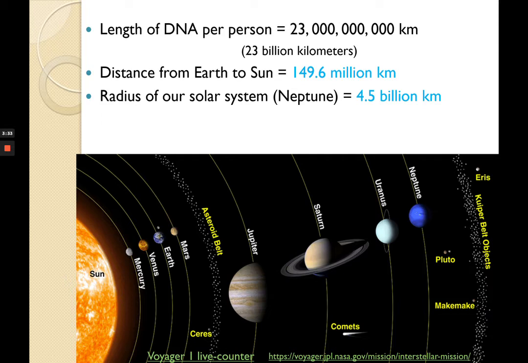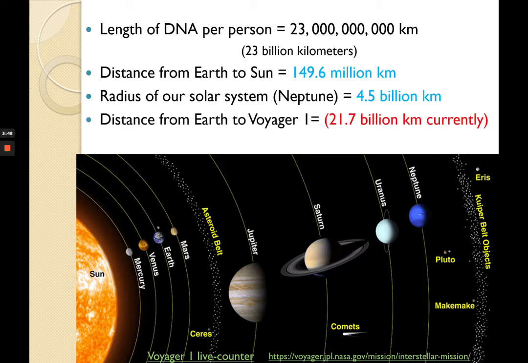To see how far 23 billion kilometers is, the very first probe we sent into deep space was called Voyager 1, and it is currently 21.7 billion kilometers away from Earth.